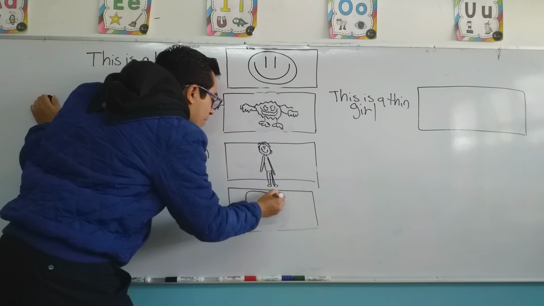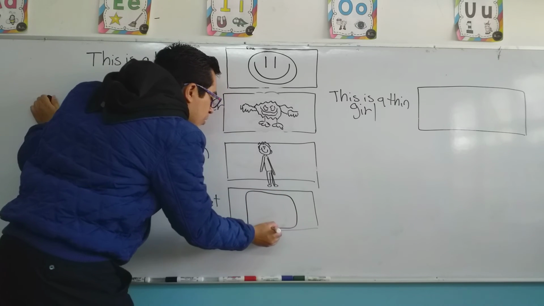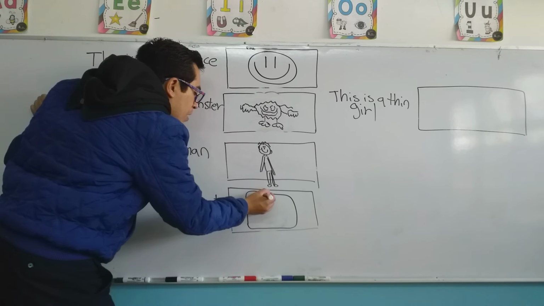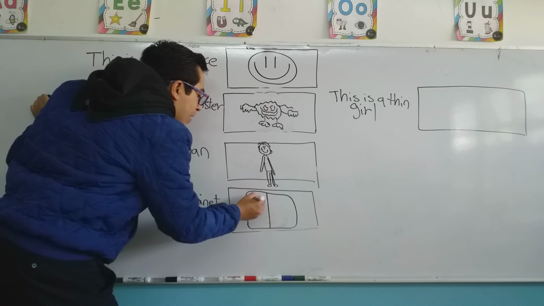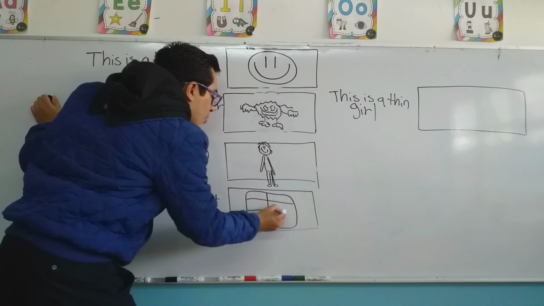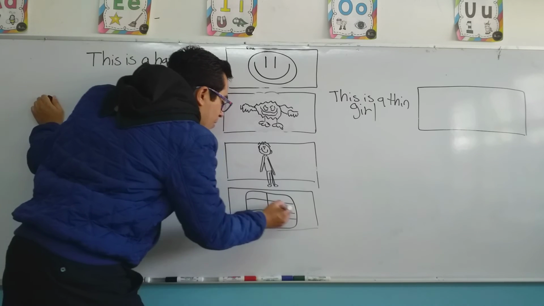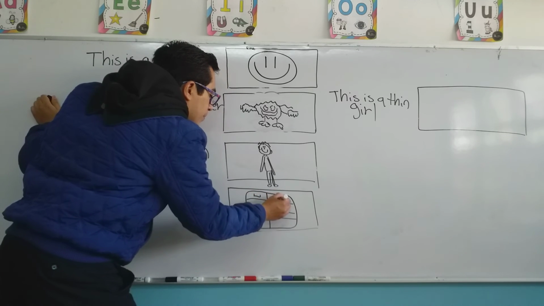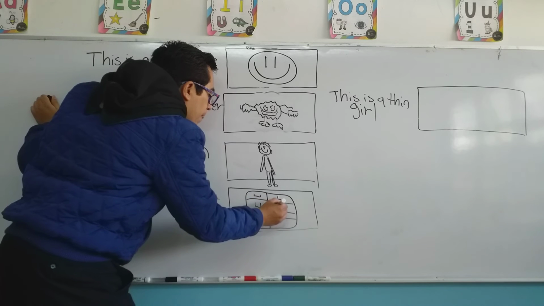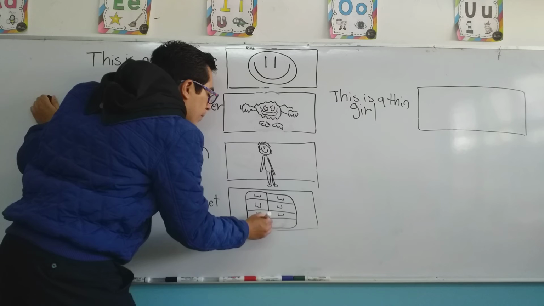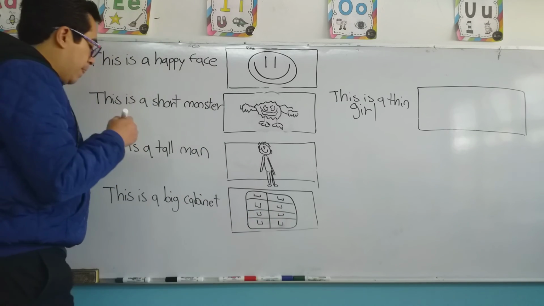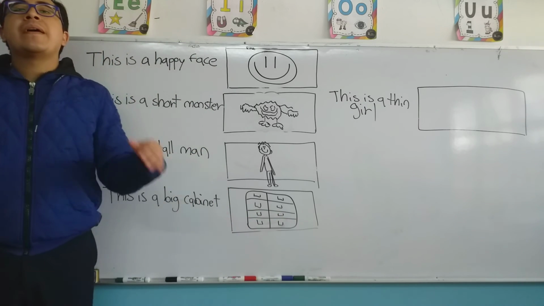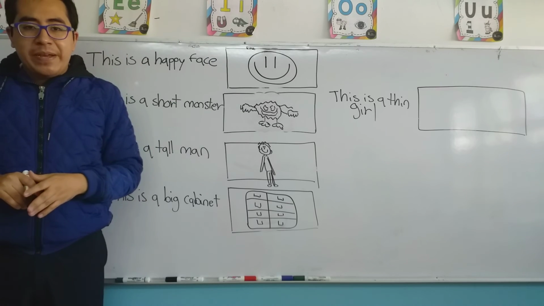Cabinet, un mueble, recuerden que es un objeto hecho de madera o de plástico que utilizamos para guardar nuestras cosas, nuestros juguetes, nuestra ropa o nuestros libros. This is a big cabinet.